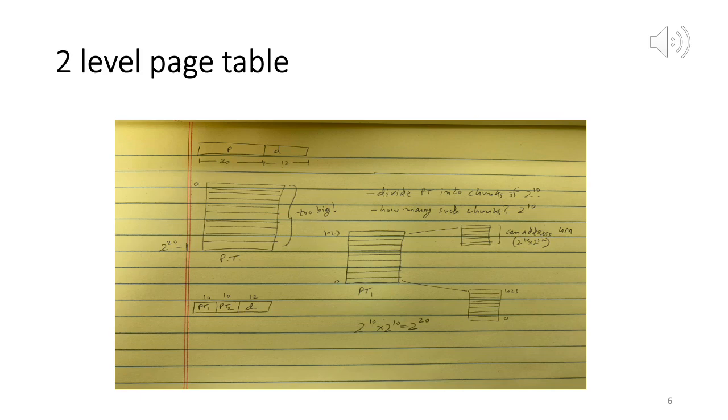We go there, extract the next 10 bits, use that as an index into that second level page table, get the starting physical frame address, combine it with D, and get the total physical address. So this is how address translation works in 2-level page tables. Okay.